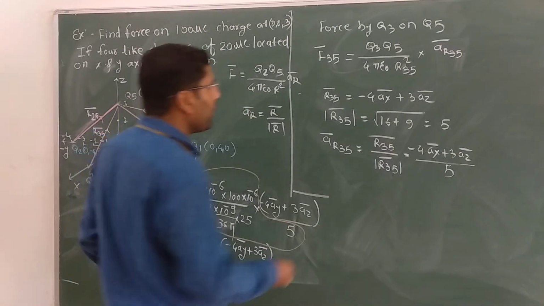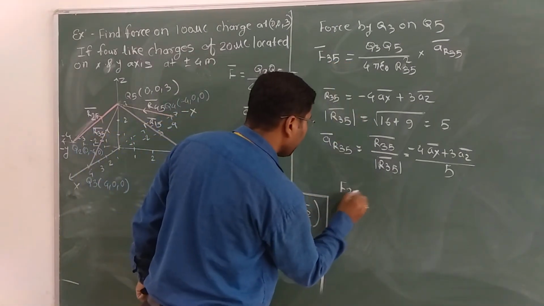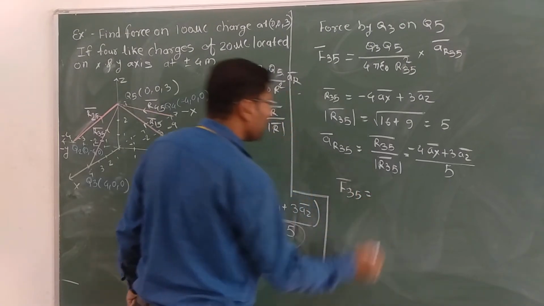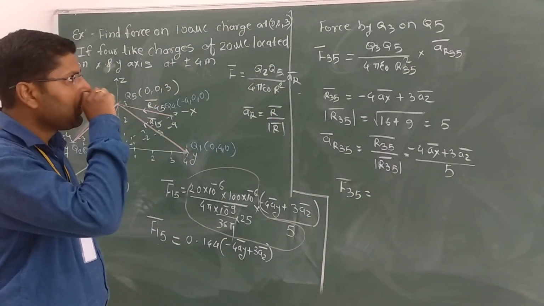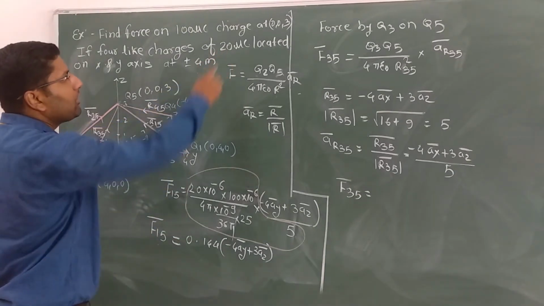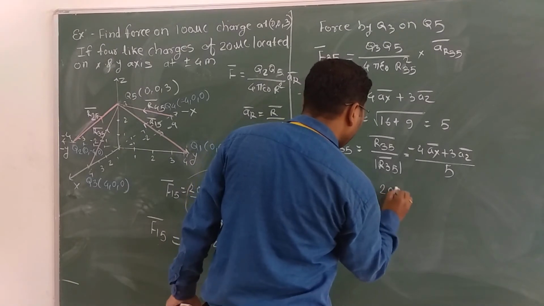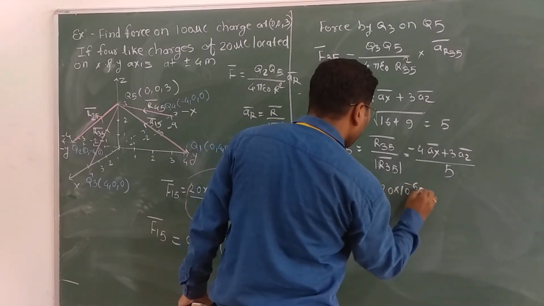So now we have to calculate this force. F35 bar is equal to Q3 and Q5. What is the Q3 value? Q3 value they have given is 20 microcoulomb, 20 into 10 raised to minus 6. What about Q5?